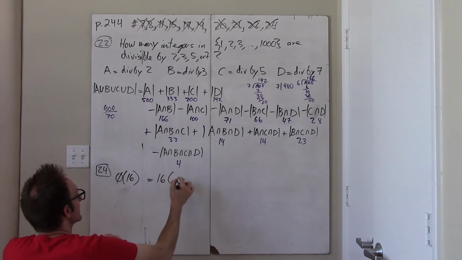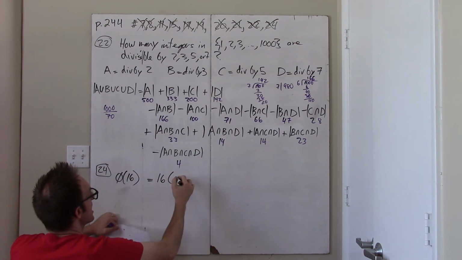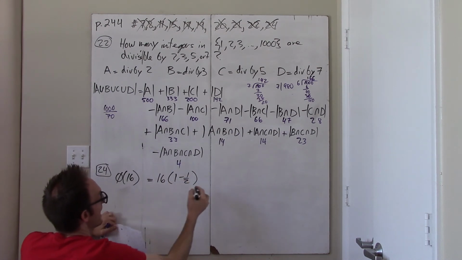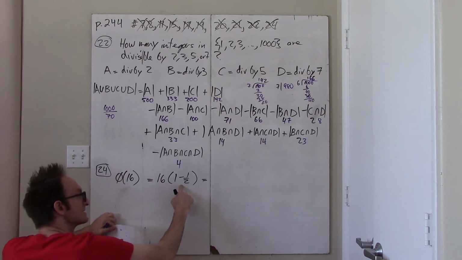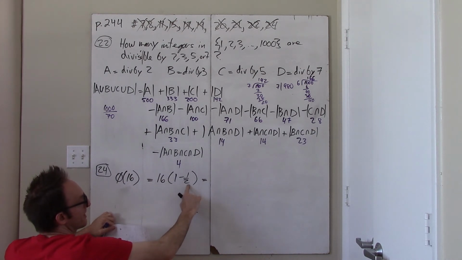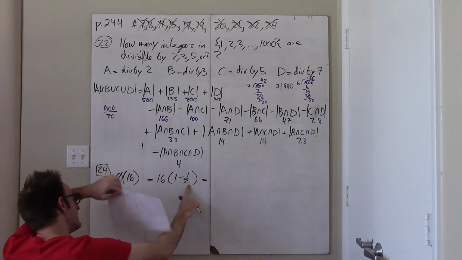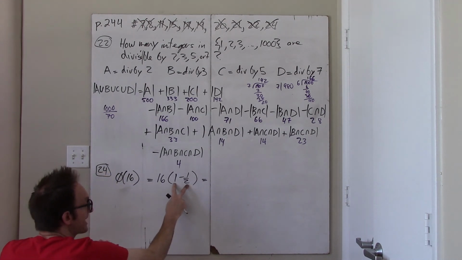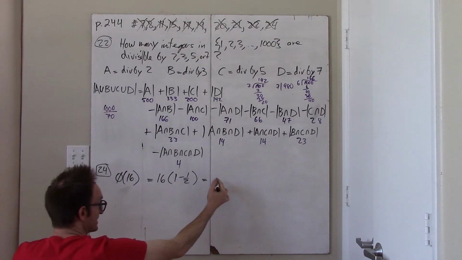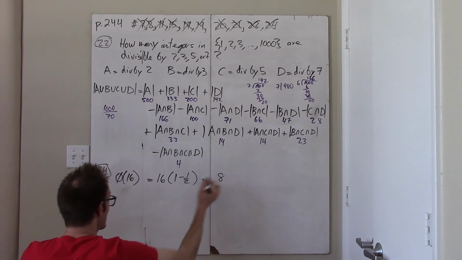But the way to do it is to write this as 16 times 1 minus a half, because the only prime factor of 16 is 2. Half of the numbers up to 16 are divisible by 2, so 1 minus a half is the fraction not divisible by 2, and so this is just 8.